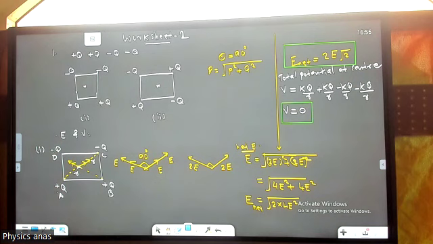Did you understand the first configuration? What about the second one? This is plus 2, plus 2. Electric field will be away from it. Here, it will be towards it. What will happen?